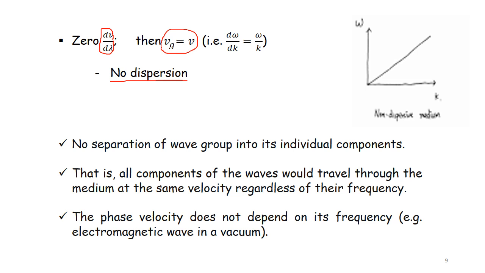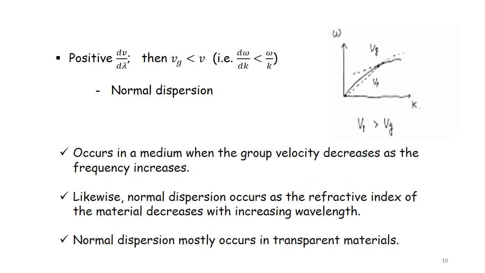Okay? Then let's see the second case. When the change in velocity with wavelength, dV/d lambda, is positive, it means that the group velocity will be lower than the phase velocity.